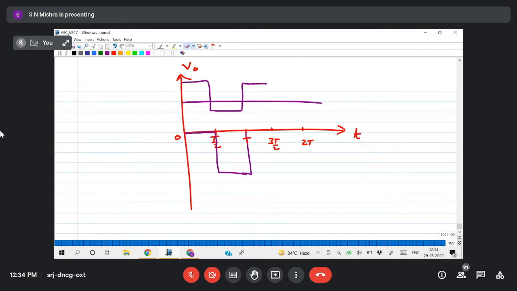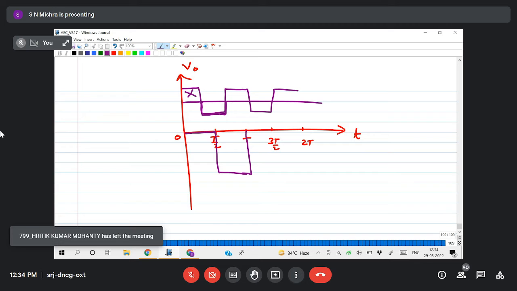It will be a little lower, like this. So for the positive half cycle, we are getting 0. For the negative half cycle, we will get this minus Vi.